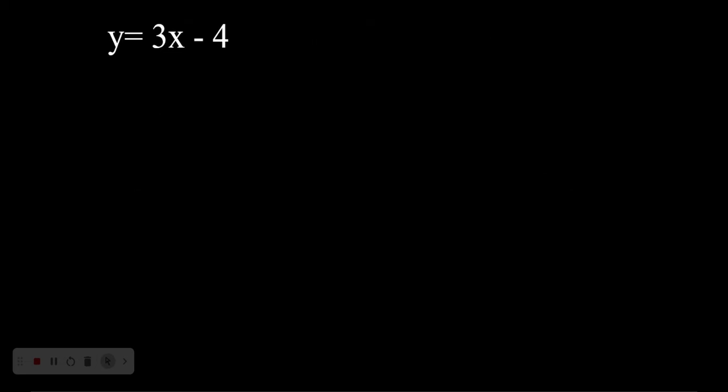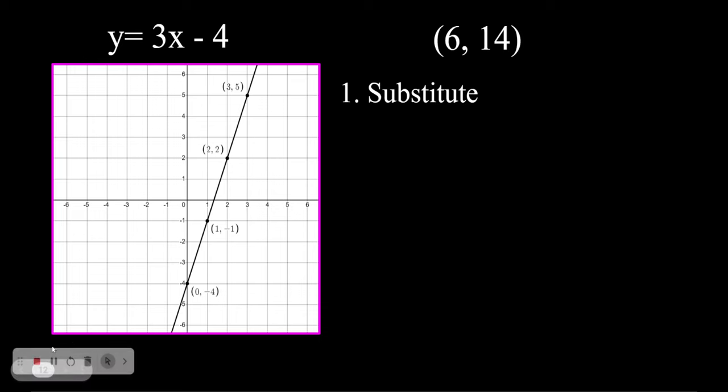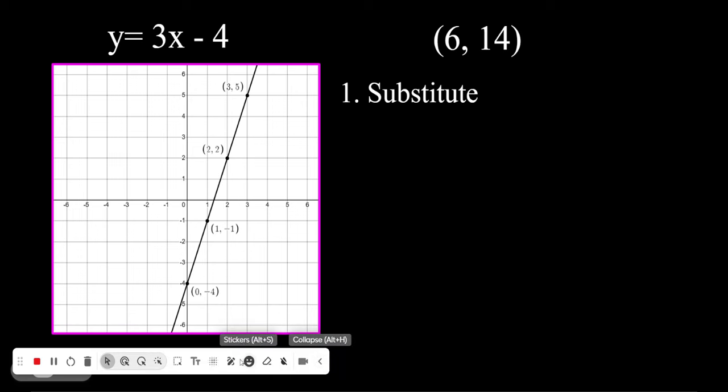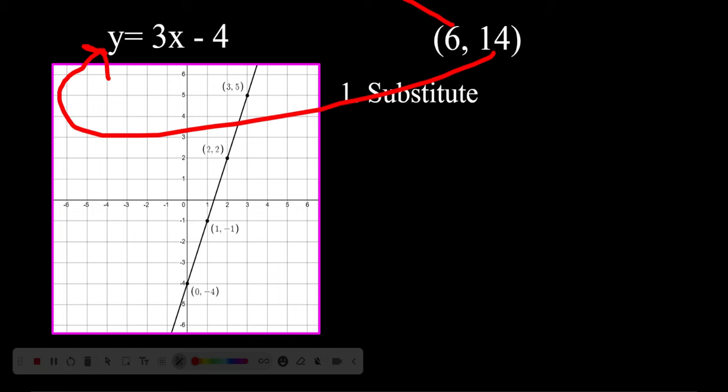All right, here we go. We've got this equation and this graph. Here's the equation, here's our graph, and we want to know if this point's on it. Well, we're going to plug in our values. We're going to substitute 14 in for y, and 6 gets plugged in for the x next to the 3.